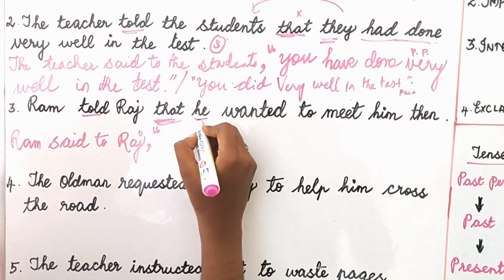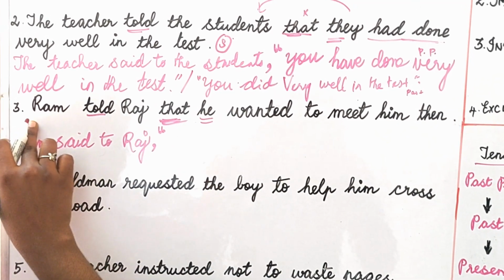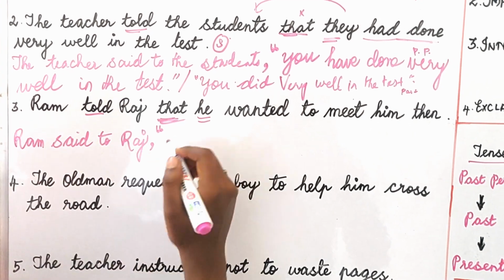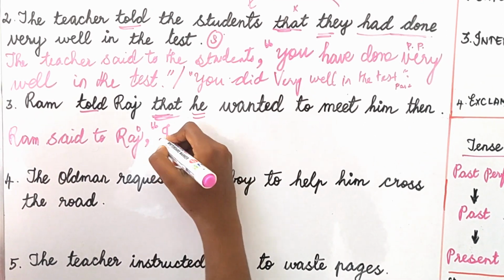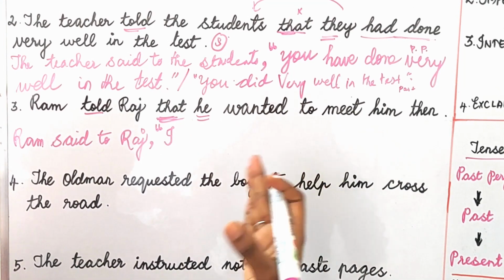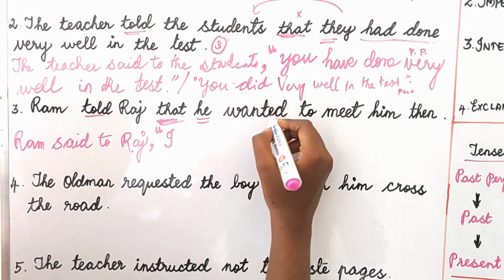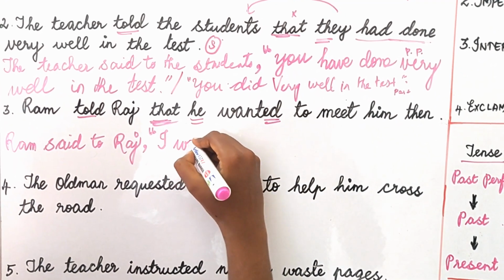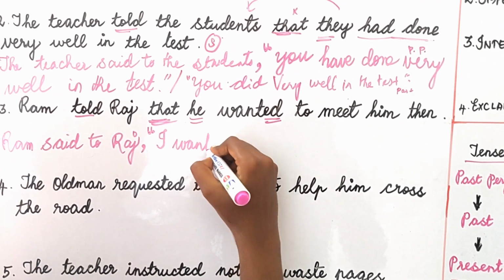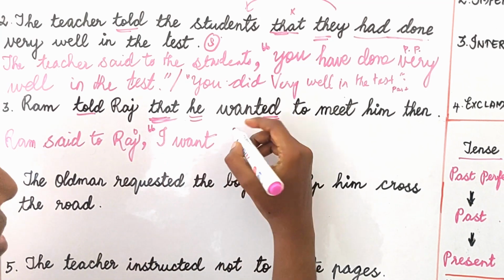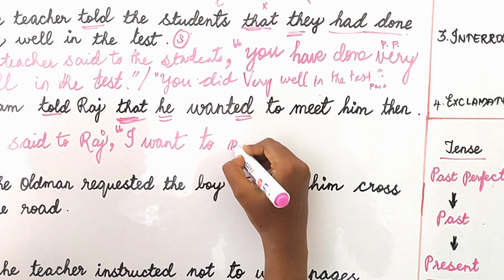Okay, so he here refers to Ram, first person singular. So I. Imagine you are saying it to Raj. So you are Ram. So how will you say I? Wanted, present tense is what? Wanted is in past tense. Then present tense: I want to meet.